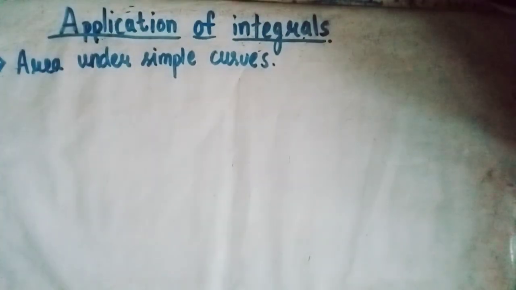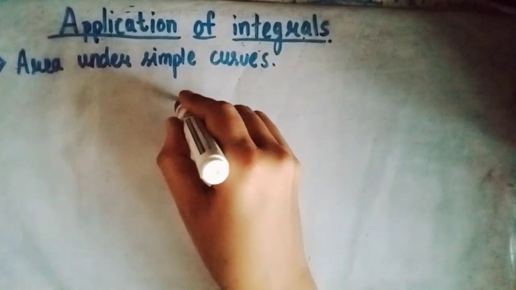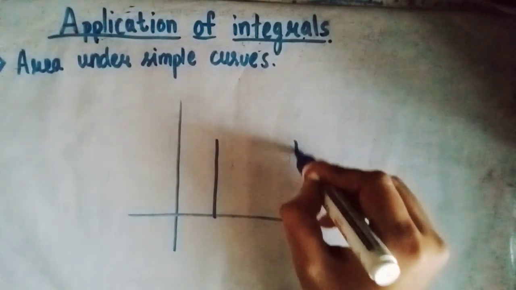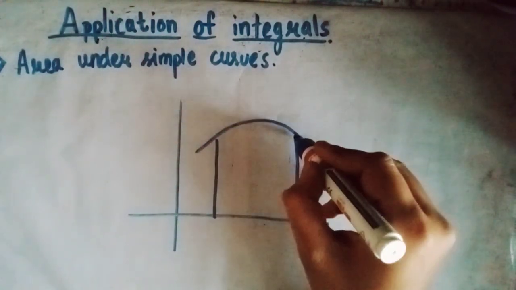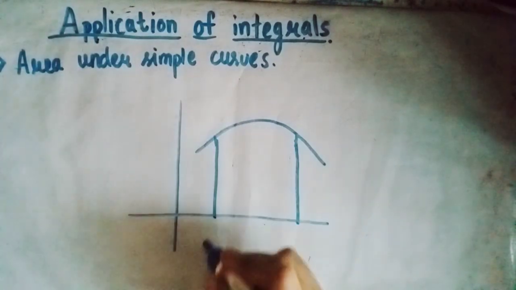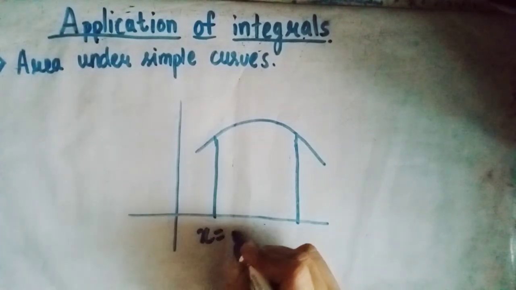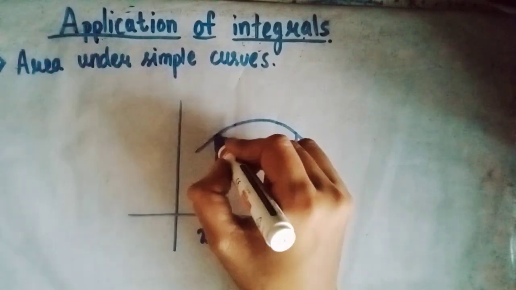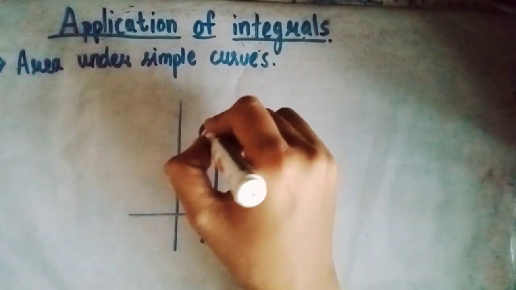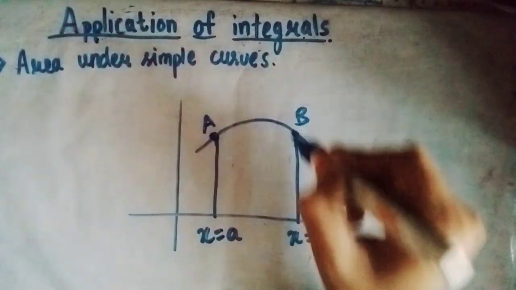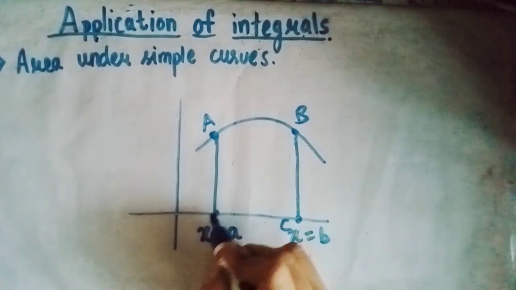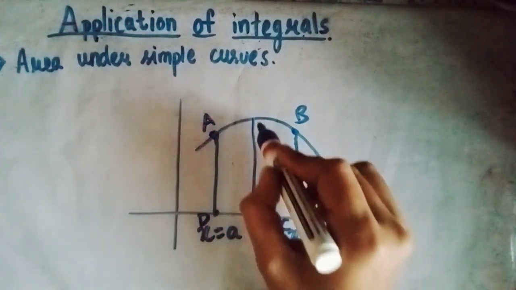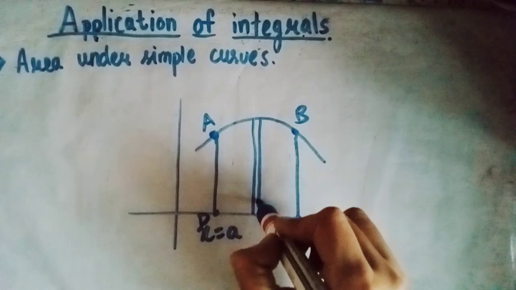So if the curve is like this, this point is x equal to a and this is x equal to b. Then for the area of this figure a, b, c, d, we first consider a small strip.